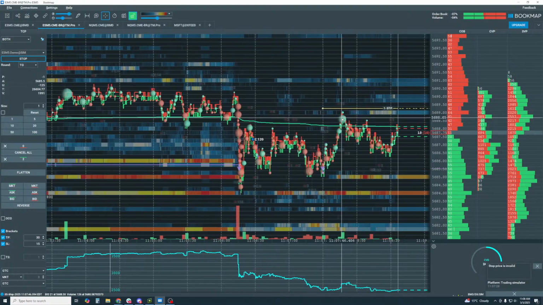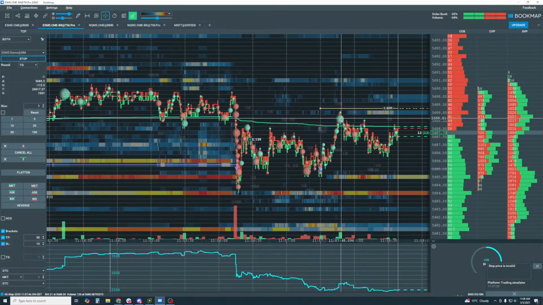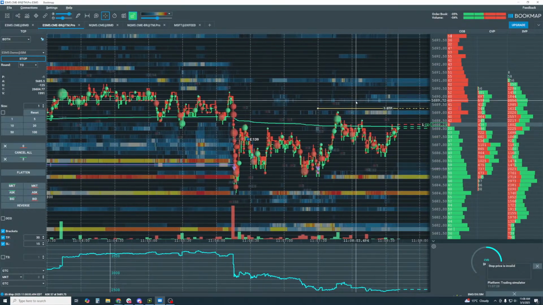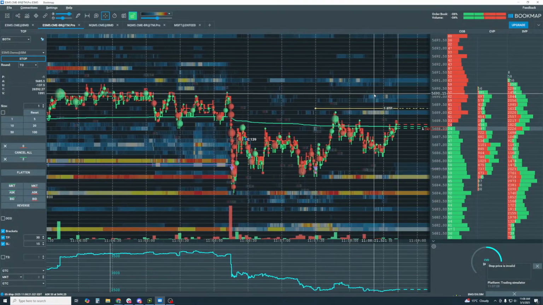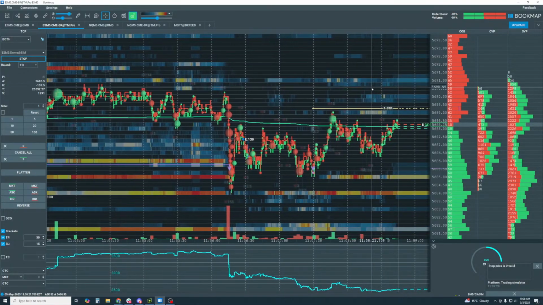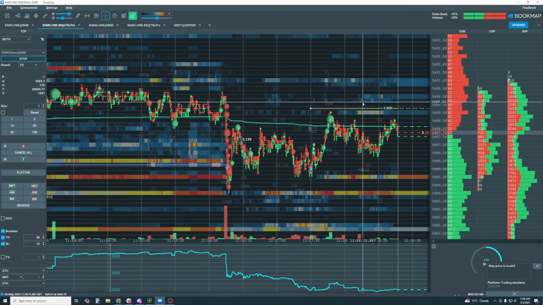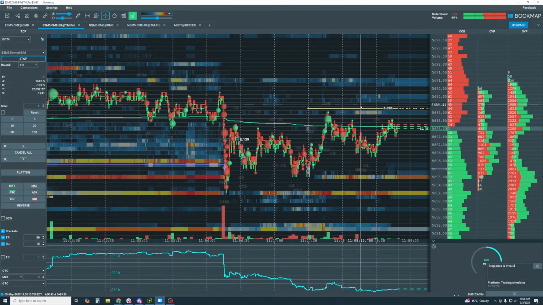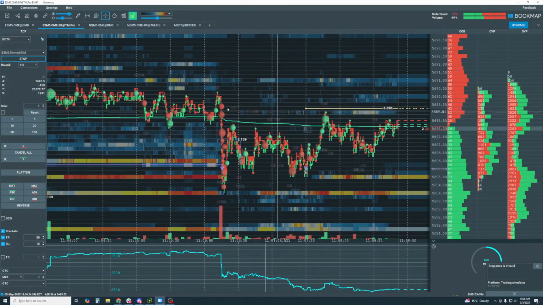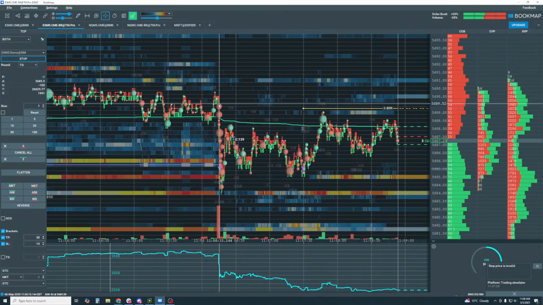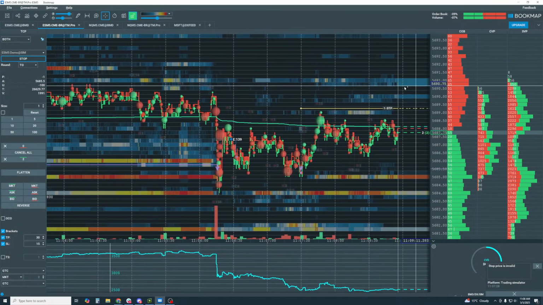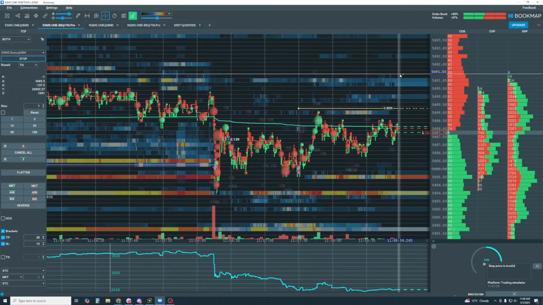And we do see the move back up here and a little bit of buy volume. Okay, but sellers still in control from here down. So we're looking for them to take it down again.